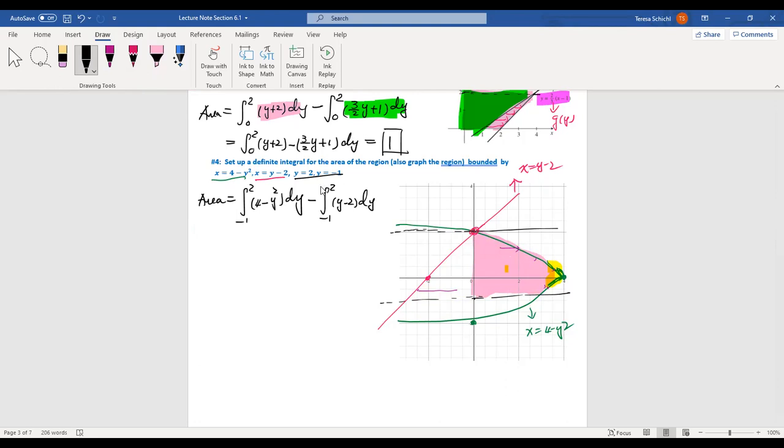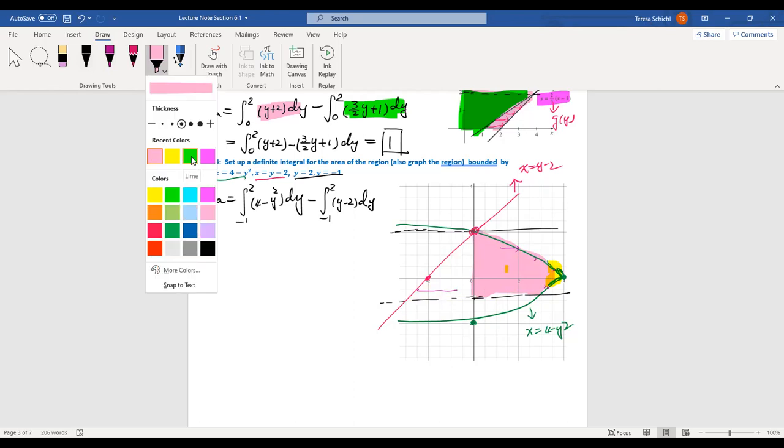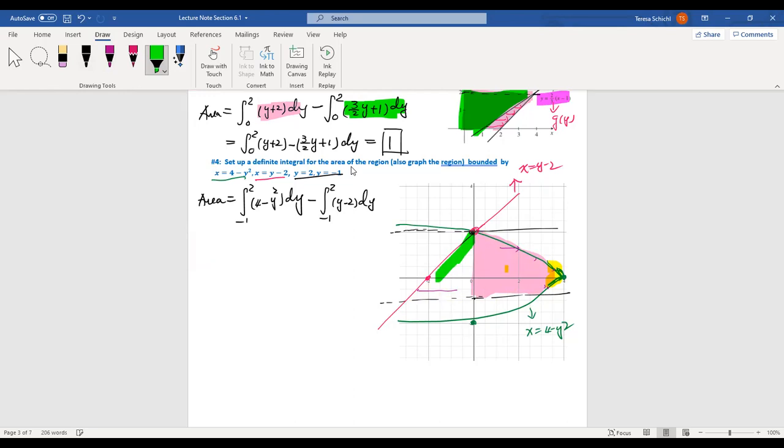The minus is there because of this green area, which is on the left-hand side of the y-axis.